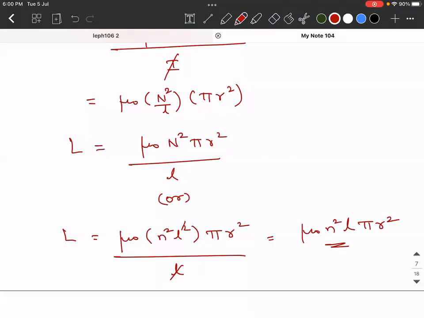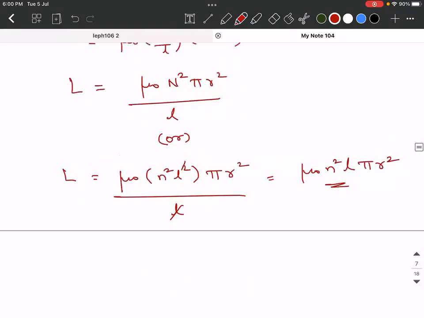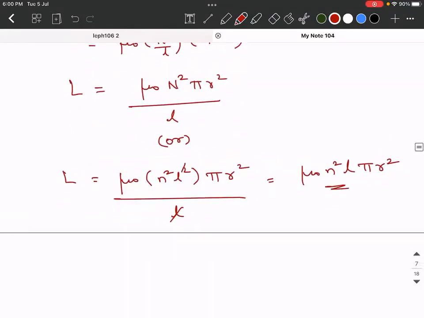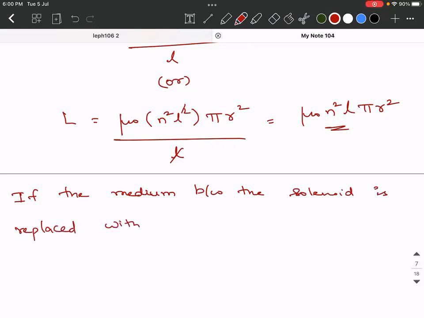Is it clear? So this is what happens. Mu naught n square L into pi r square. Sometimes what happens is, if the medium between the solenoid is replaced with a material of permeability mu.